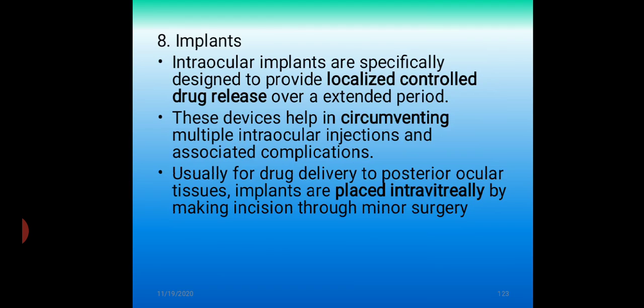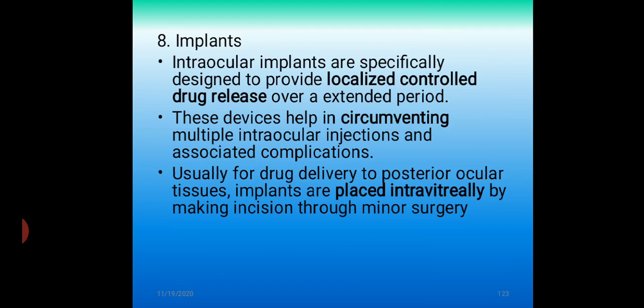The next one is the implants. As we know, implants are devices inserted into the body cavity by surgical or non-surgical methods, but they are majorly inserted by surgical procedures. This insertion of the implant offers localized as well as controlled drug release, and can overcome certain drawbacks of injections and their associated complications.